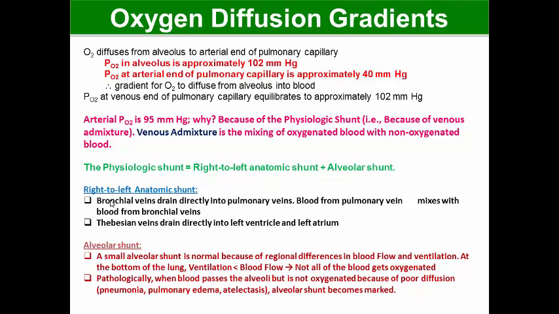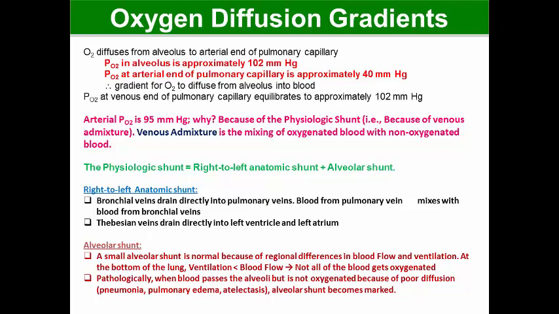This is part of the systemic circulation. Now, the venous blood, which returns from the conducting zone, doesn't go to the right atrium as the venous blood from other parts of the body. Rather, it drains into the pulmonary veins. Also, the Thebesian veins, these are veins present in the myocardium.